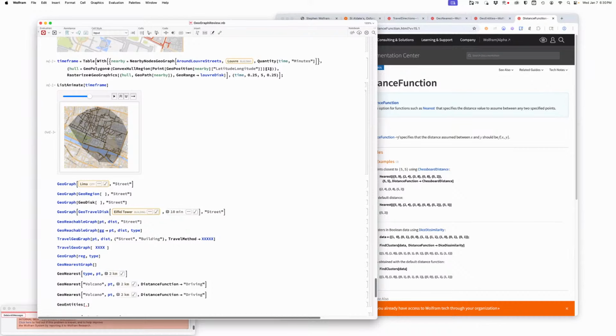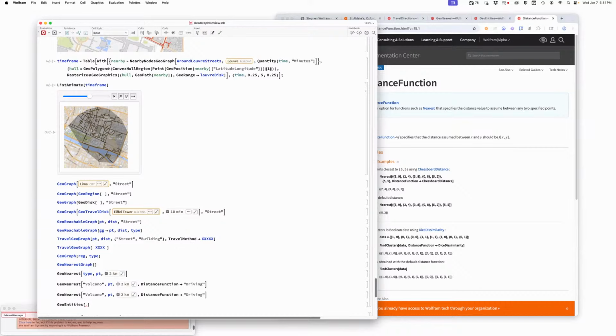Yes. But otherwise, in GeoGraph, I don't understand what you can ask for other than. So the point is that the distance in GeoGraph is a drone distance. Whereas the distance in TravelGeoGraph is a travel distance.